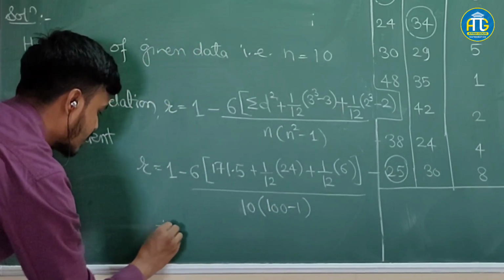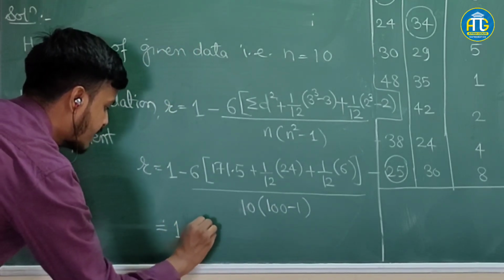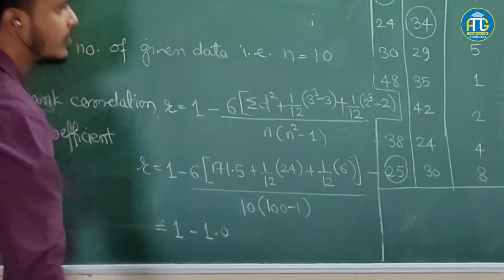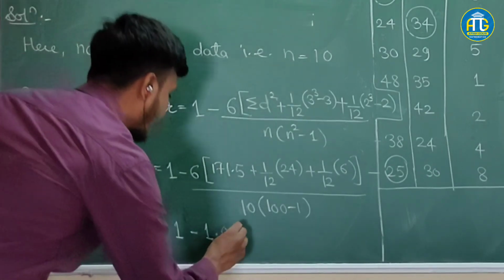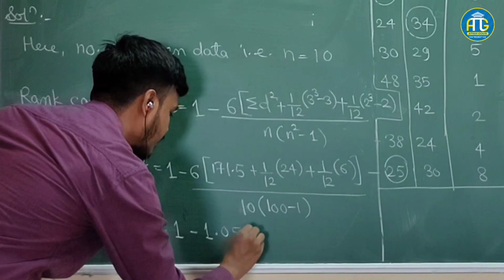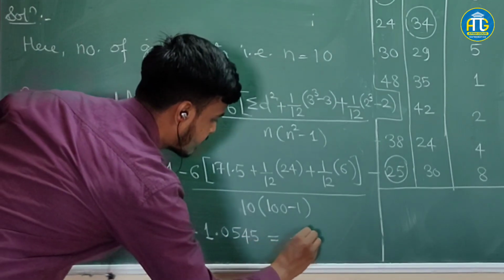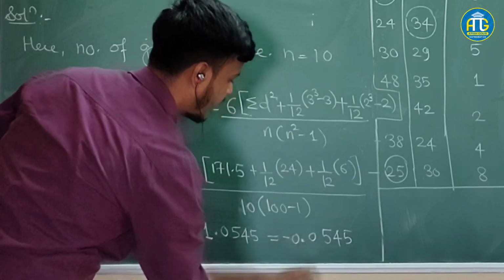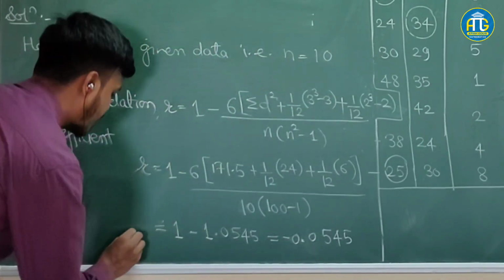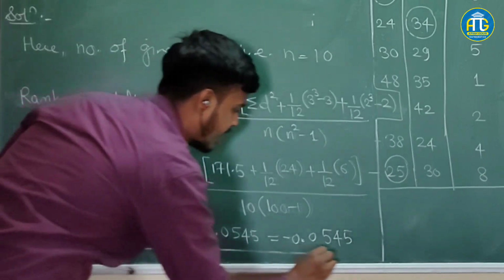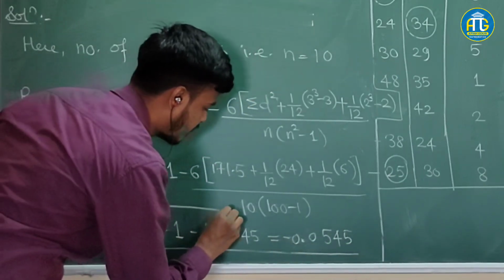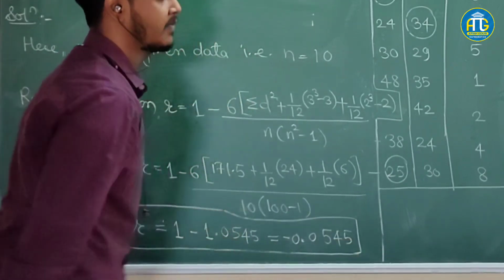So this comes out to be 1 minus 1.0545, which is equal to minus 0.0545. So this is my rank correlation coefficient for the given data.